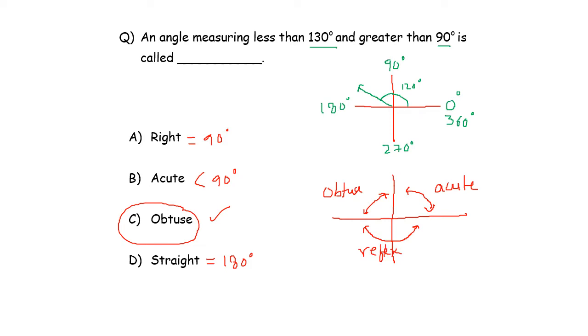So this is a simple diagram where all types of angles are represented. You can also write right angle here exactly, and here you can write straight angle. So this diagram is a kind of summary. Looking at this diagram, you will be able to answer all types of questions. And if you come back, this is called complete angle. Let's go ahead.